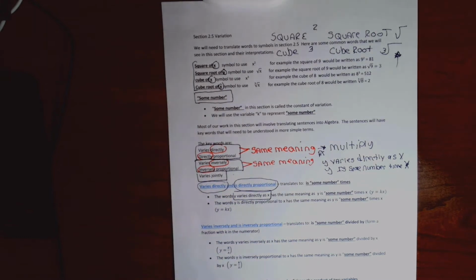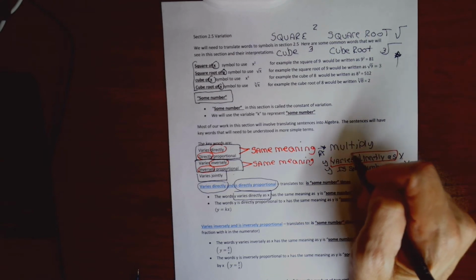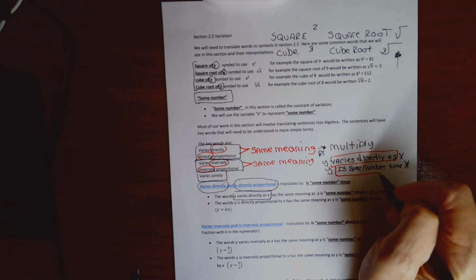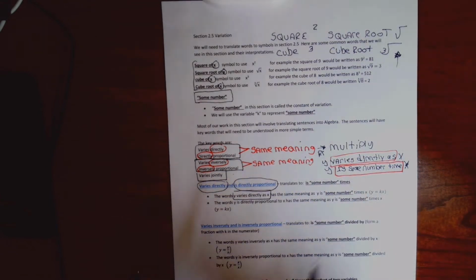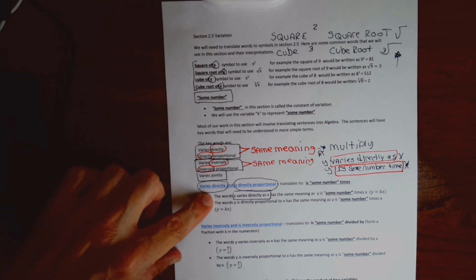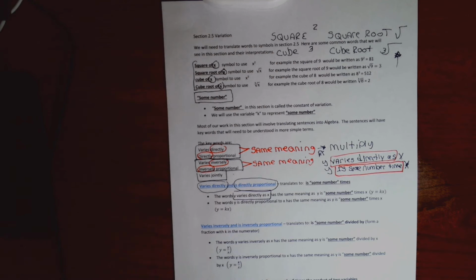What I'm really doing is taking these entire three words, varies directly as, and changing them to "is some number times". My goal is to change words into symbols, and I usually do this in two steps. First, I change the more complicated words into less complicated words. Then I change the words into symbols.